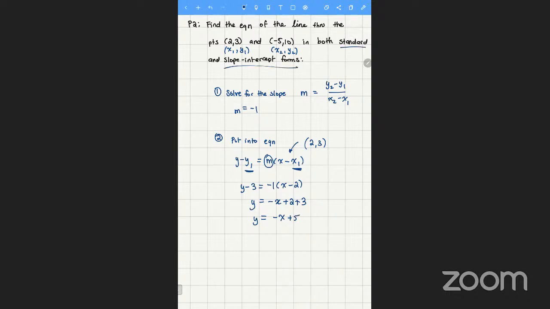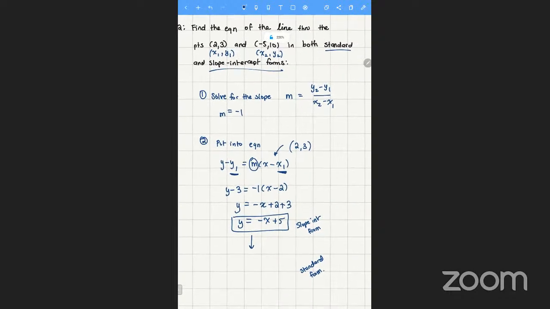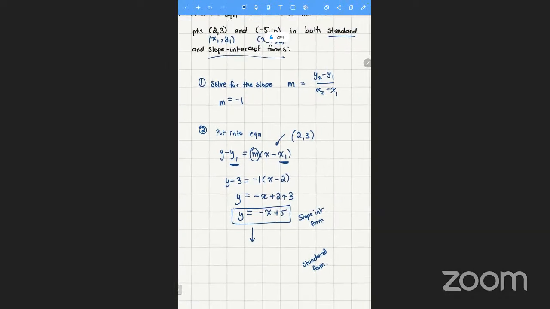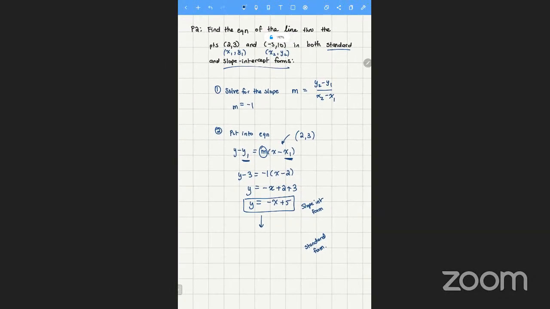So now the question says in both standard and slope-intercept form. You have your slope-intercept form. How will you convert this into standard form? Equals to 0 is your key feature here. How about you try bringing everything to one side?